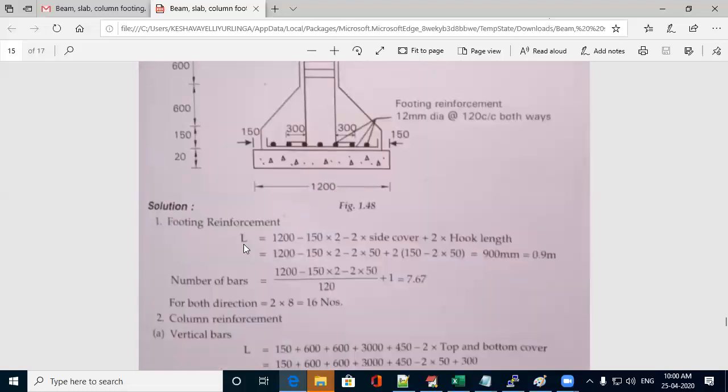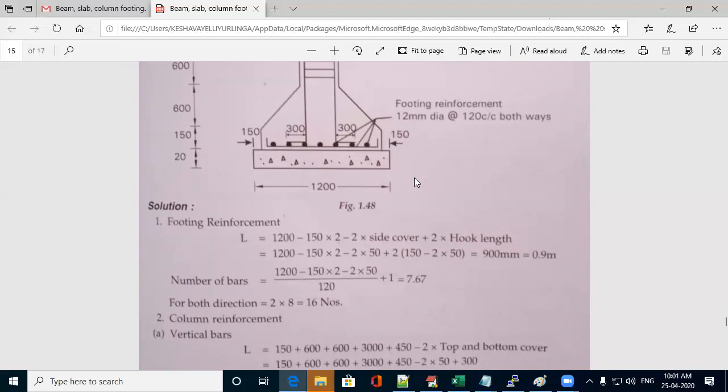For the footing reinforcement length, we need to find out the length of this bar. Since it is a square, it is sufficient to find out along one direction, the same will be replicated in the other direction. So for the footing reinforcement, the total length of this bar is: we have 1200 here, leave this 150, 150 two times.